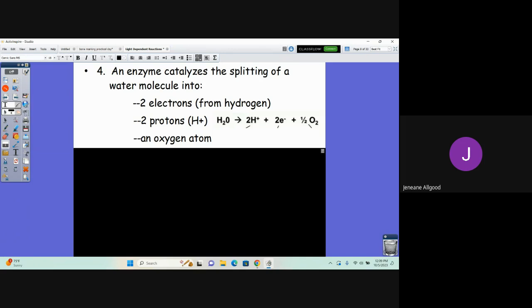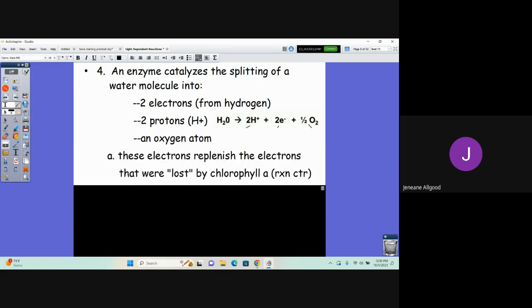So remember what we mentioned yesterday. We said that when we talked about oxidation and reduction, we were going to track where the electrons went by specifically tracking hydrogens. And so that's definitely still true today. Okay, so then we're going to talk about where each of those things goes. Where do the protons go? Where do the electrons go? And what happens to the oxygen?